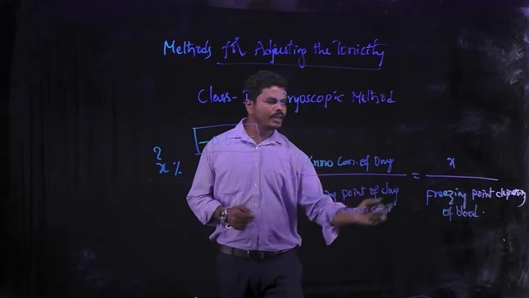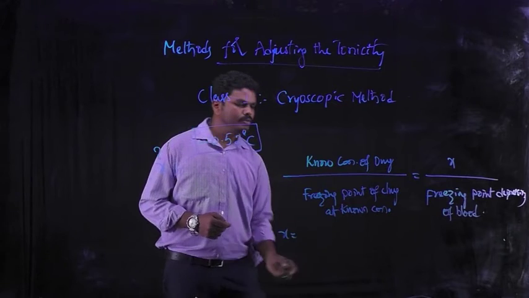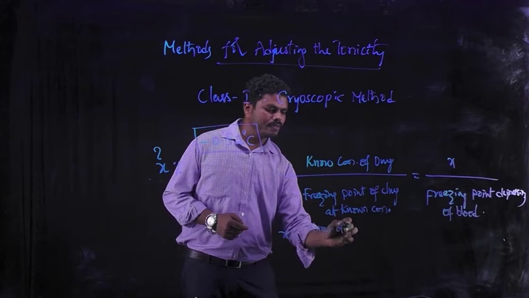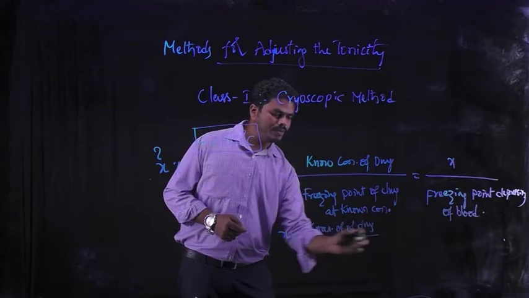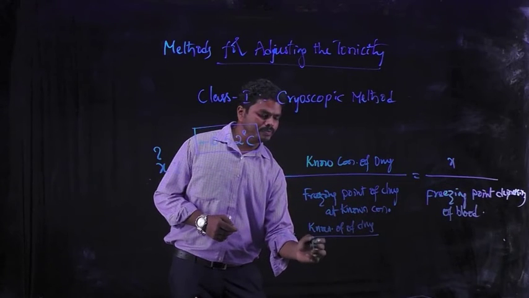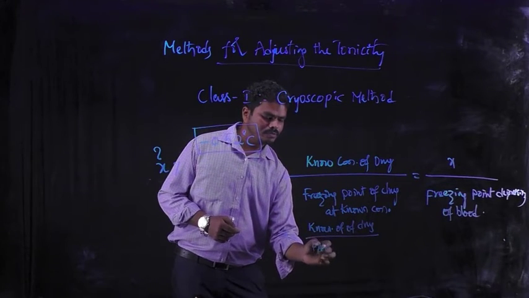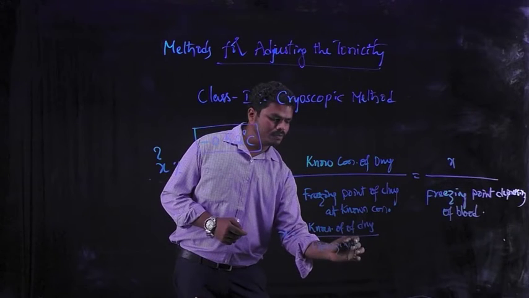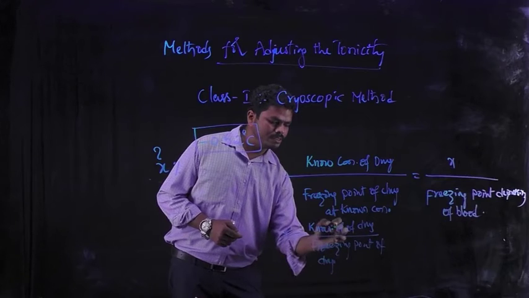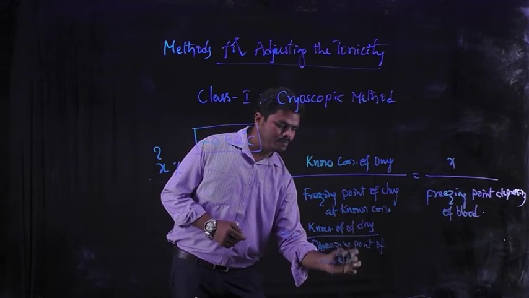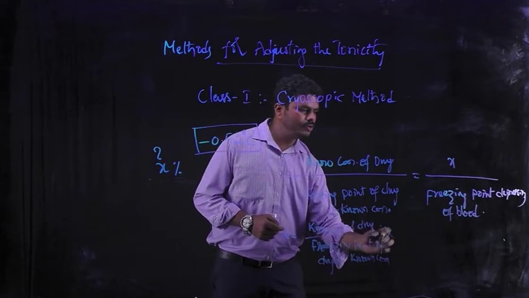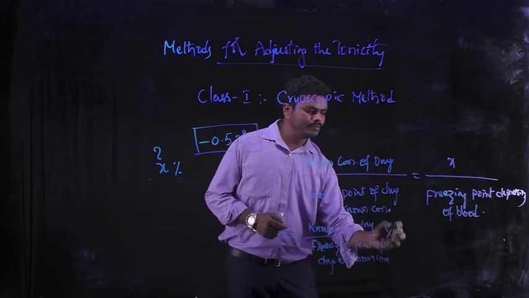Then when you rearrange this equation, x is equal to the known concentration of drug divided by the freezing point of the same drug at this known concentration, multiplied by the freezing point of the blood.